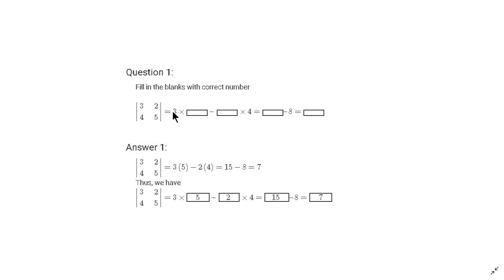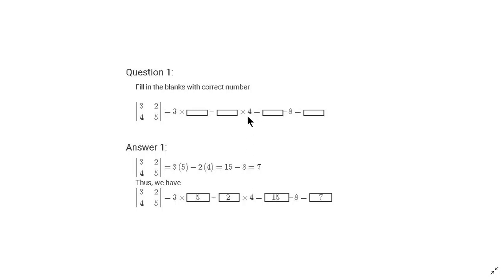So it is equal to the value of the determinant. How to calculate the value of a determinant: calculate the cross multiplication and subtract them. So the cross multiplication contains 3 into 5, so here is the answer: 3 into 5 minus 2 into 4.